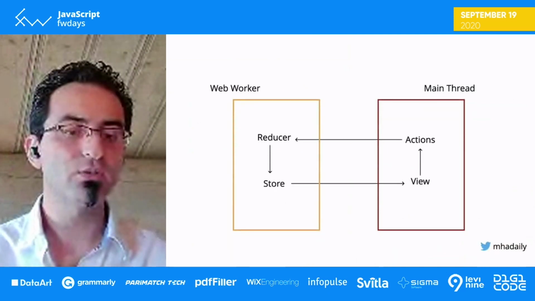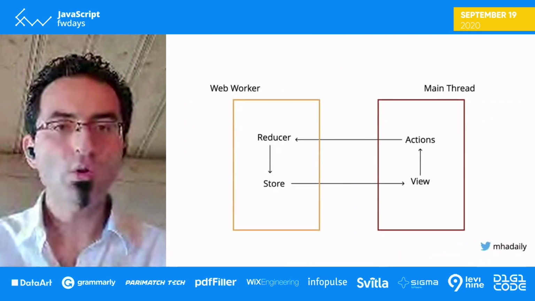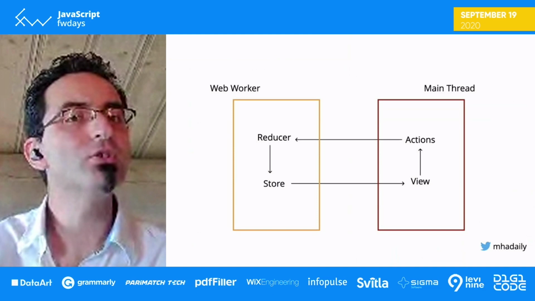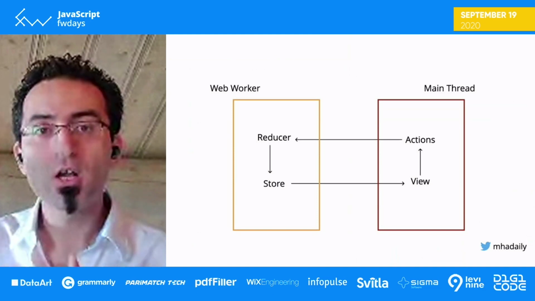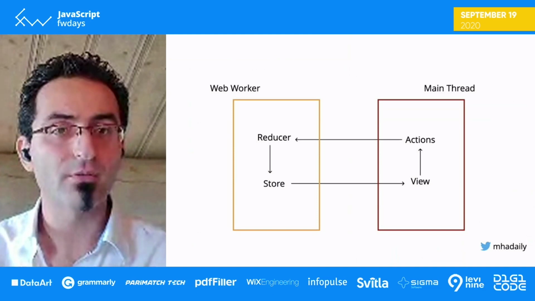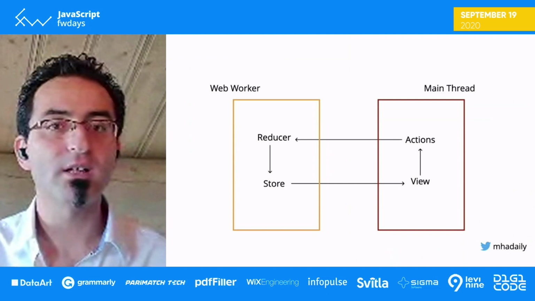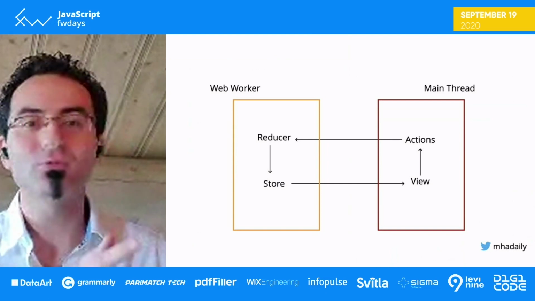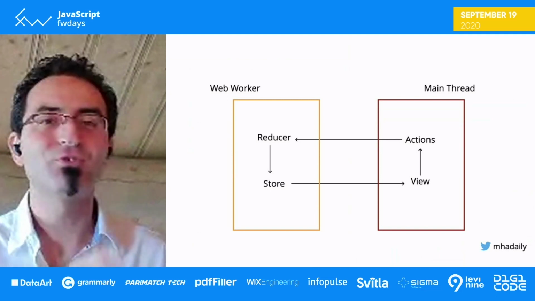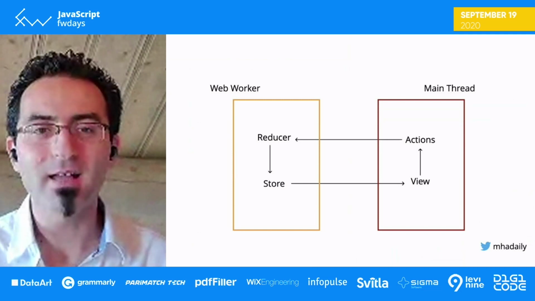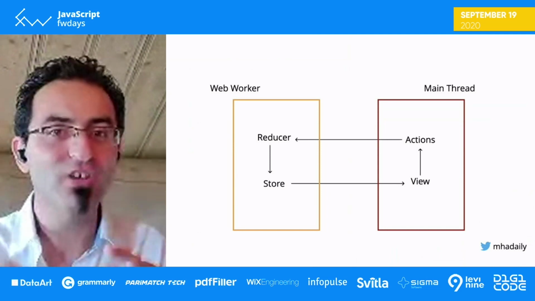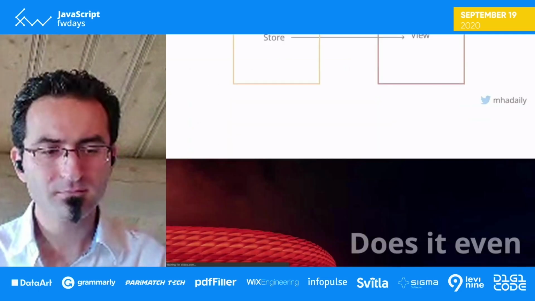This is a use case where you can hold off this reducer, or maybe even the store, in a worker thread, just spawning a thread, doing the calculation over there, and letting your main thread, or let's call it the UI thread, just do UI. And that's it. And your user can interact, right?